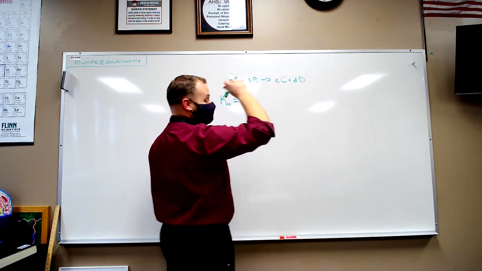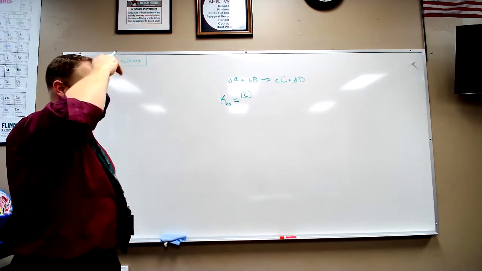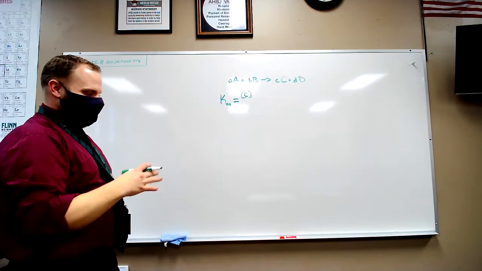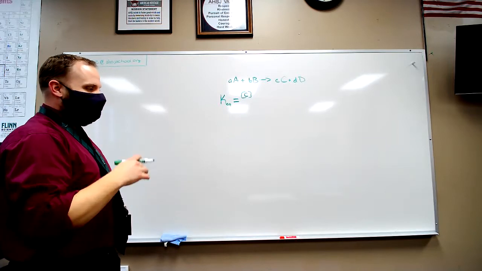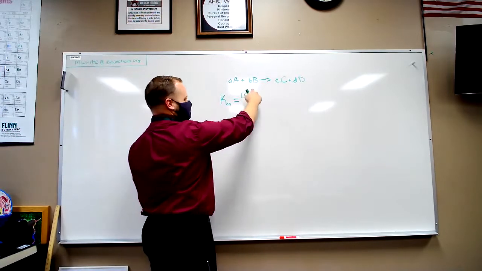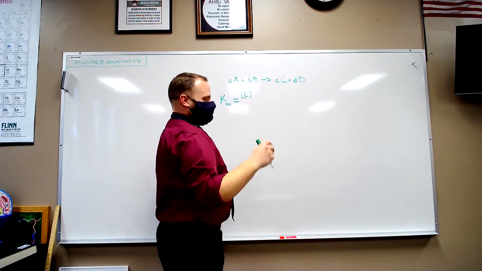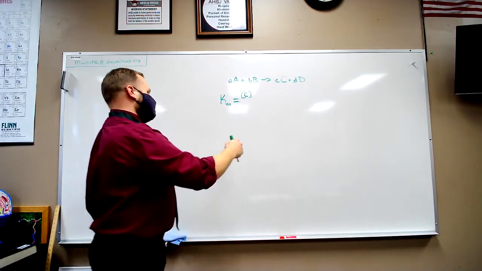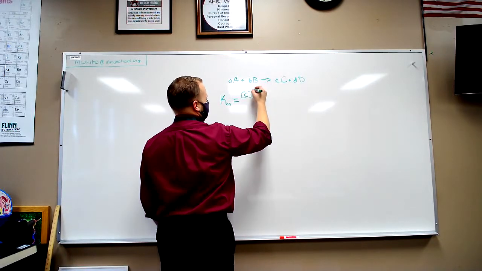And when we were talking about rate laws, we said you have to determine the number that you put as the exponent, the order of the rate, experimentally. For this, it's actually nice. We just use whatever coefficient we have.